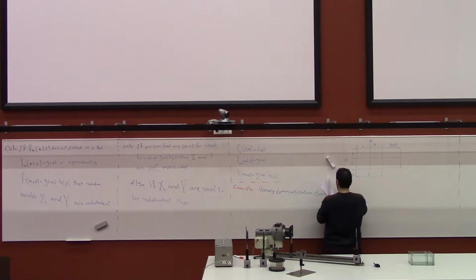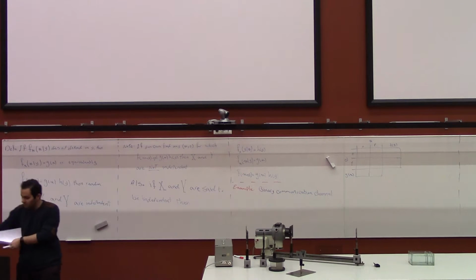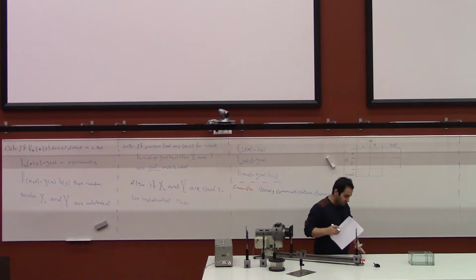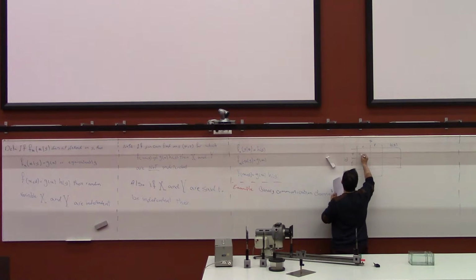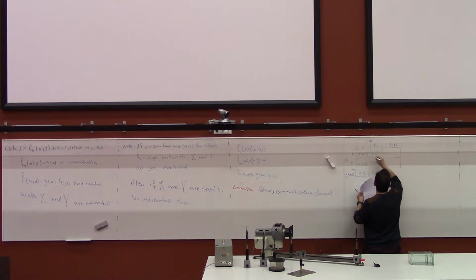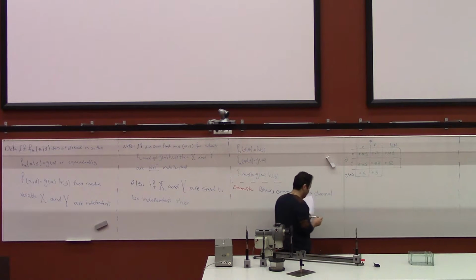We have these values for the table. For x equal to 1: 0.03, 0.47, 0.5 here, and here we have 0.48 and 0.52. Okay, we know these values.